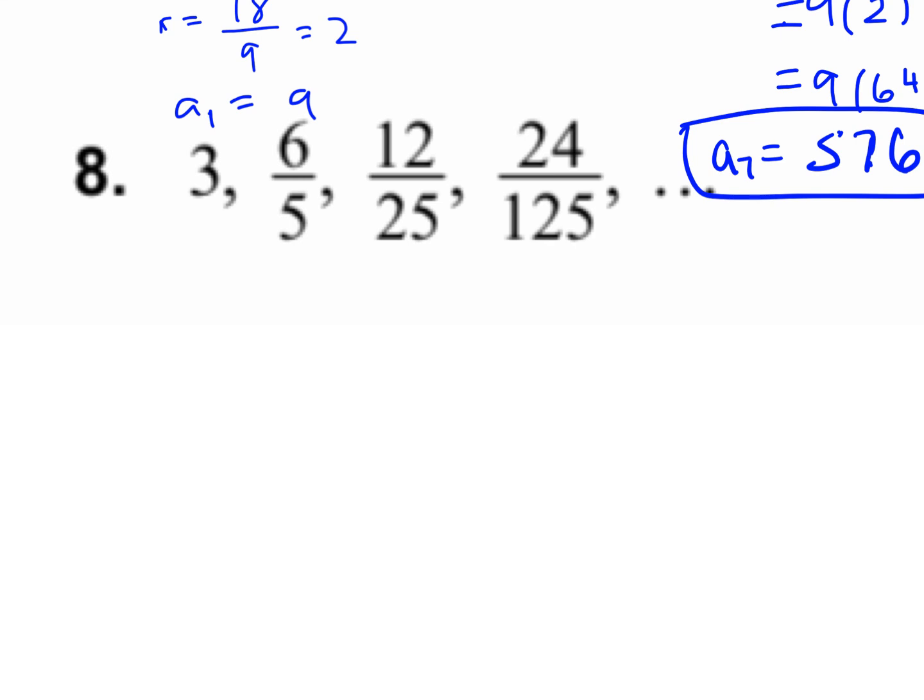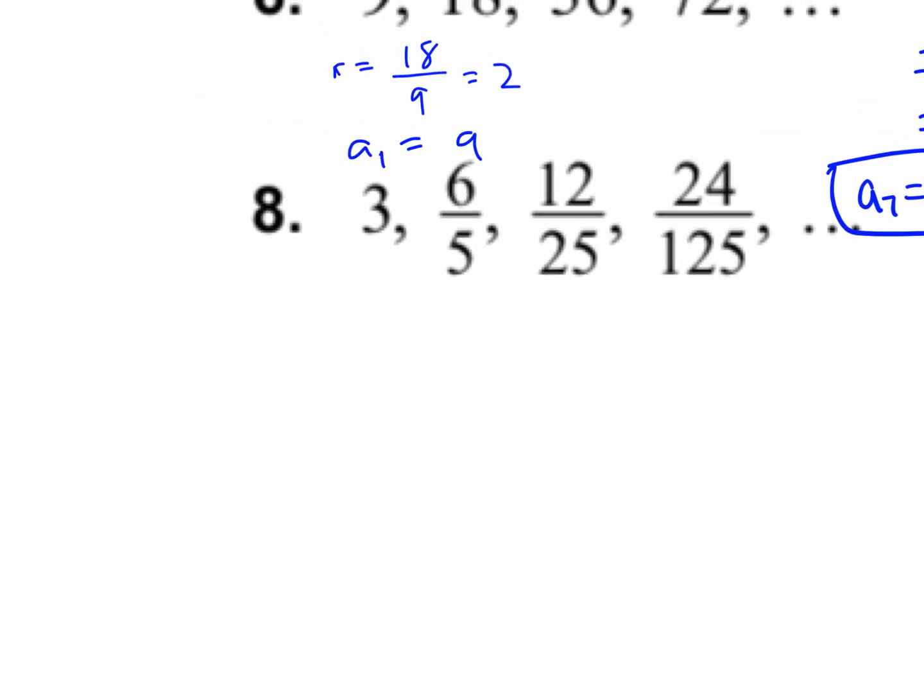So what are we multiplying to get from one term to the next? We can always take our second term and divide it by the first one. 6 over 5 divided by 3. Keep change flipped. Simplify. So 2 over 5.